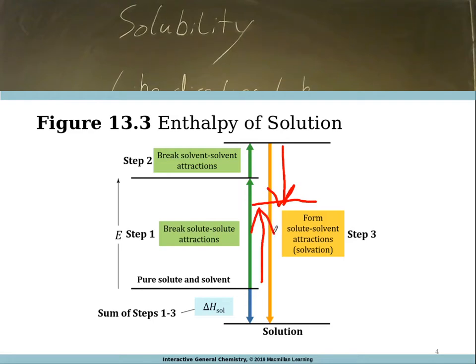And endothermic processes tend to not occur spontaneously in nature. Sometimes they do if they're driven by entropy strongly enough, but a hugely endothermic process is not something that you see spontaneously in nature. And so things that are insoluble are those things that have this kind of a schema where their enthalpy of solvation is just hugely endothermic. There are not very good solute-solvent interactions, and so they're going to have this positive enthalpy of solvation.